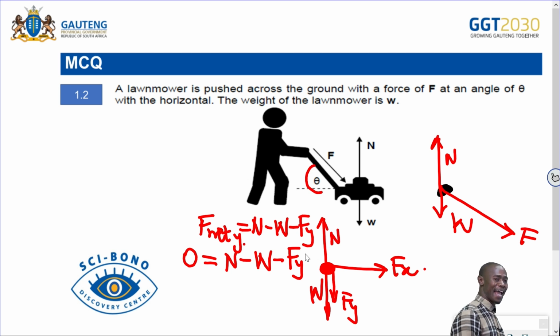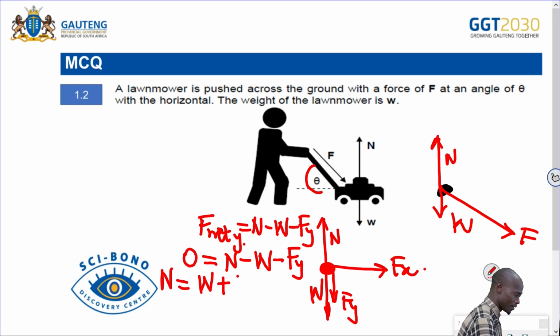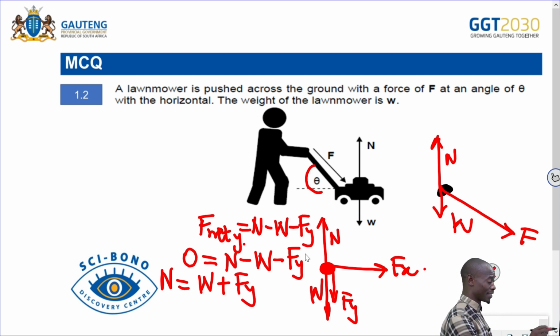Then I'm making n the subject of the formula, which is what I'm looking for. So my n will be weight plus Fy. Why am I saying weight plus Fy? If I transpose this to this side, weight, remember this side is negative, so on the other side it will be positive.